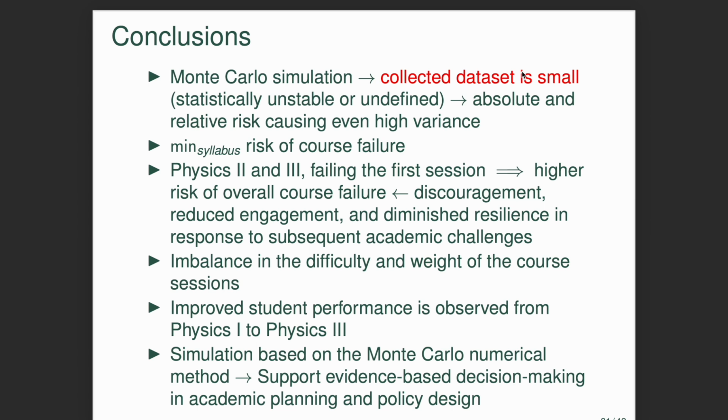Conversely, students who fail the first two sessions encounter a substantially higher risk of course failure. This discrepancy points to a potential imbalance in the difficulty or weight of the sessions. Simulating alternative grading scenarios could help inform course design and promote more balanced learning and improved student success rates.